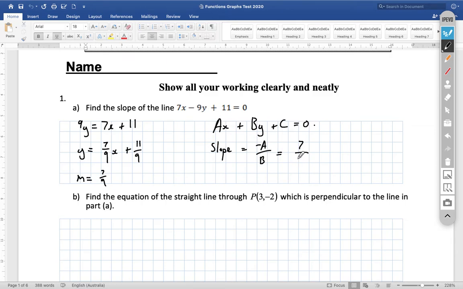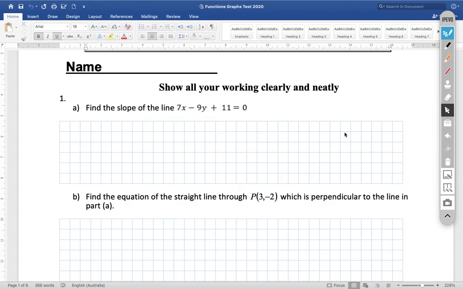There's my b, minus 9. But it's a minus a, so I get 7/9. Tick, right? If you're doing it this way, you still want to show a bit of working out. Okay, next one.